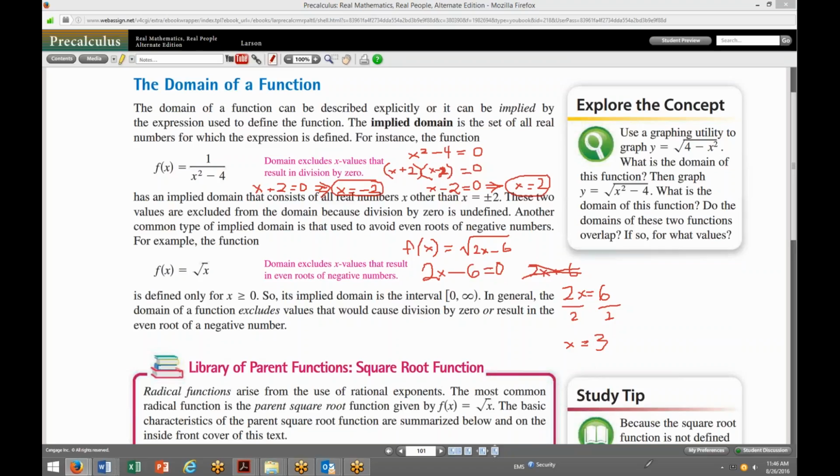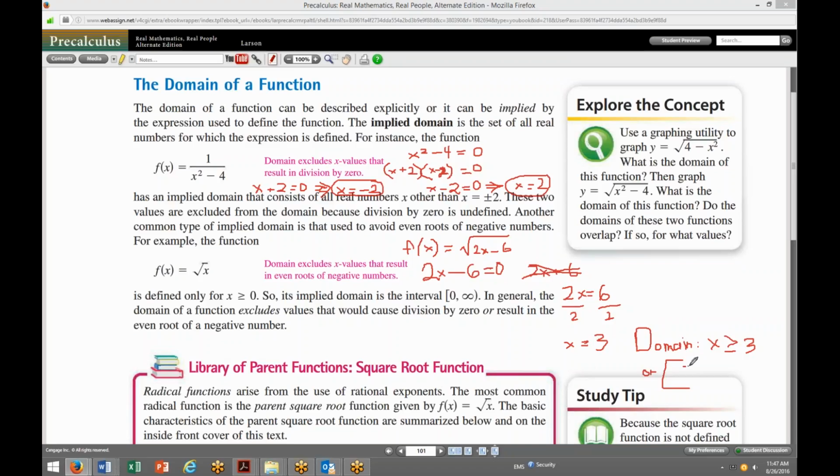So the point is, the domain here is all values of x greater than or equal to 3. You could write it like this: x is greater than or equal to 3, or just do the standard interval notation.